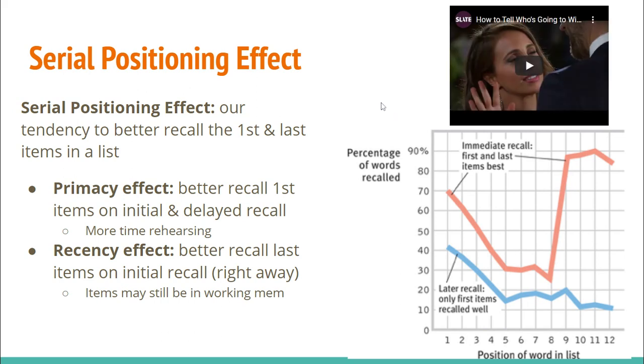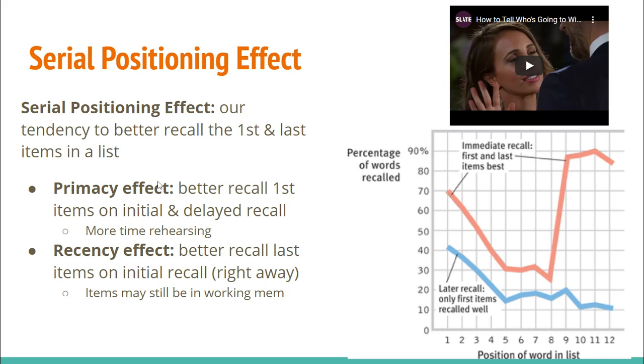Serial positioning effect, one of the last things we'll talk about today, is primacy and recency bias. When you're given a list of things to remember, always look at the first and last things. Those are going to be much more likely for you to remember.